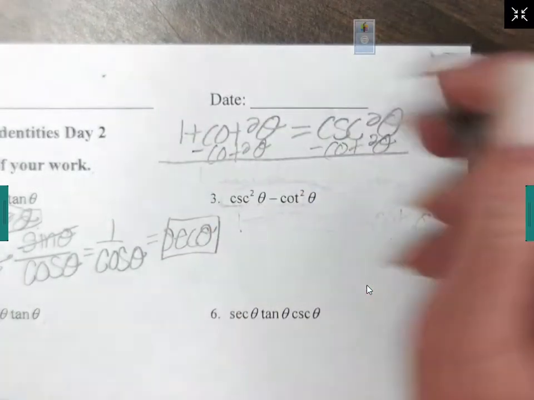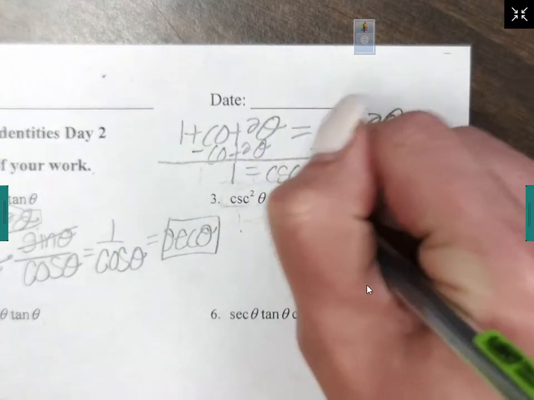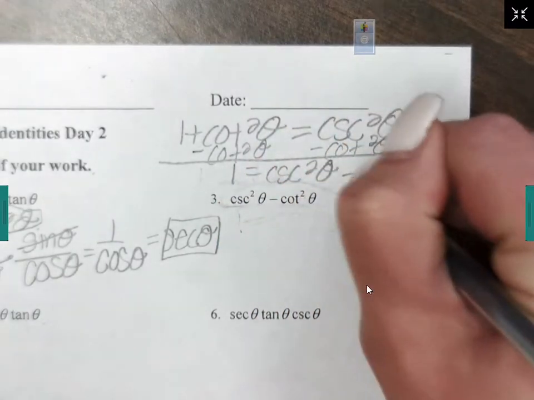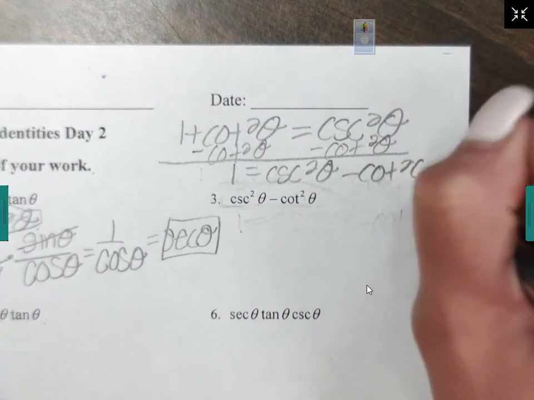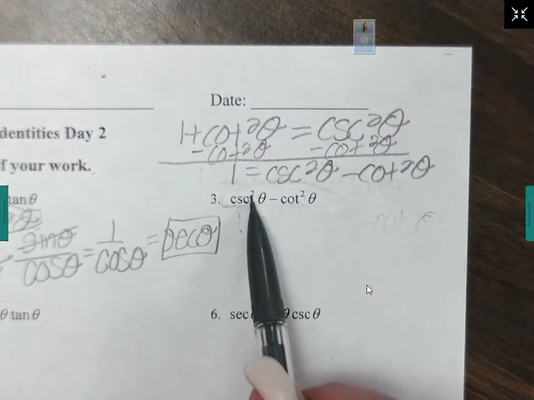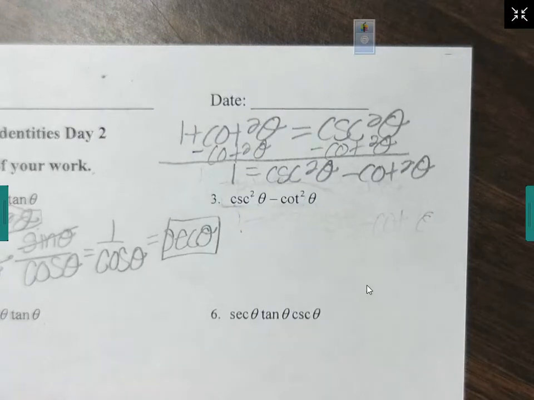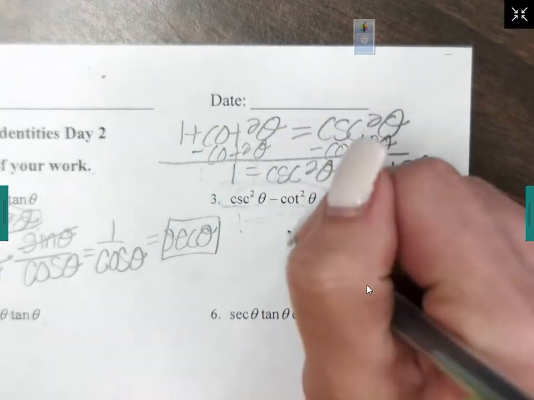And that left us with 1 is equal to cosecant squared of theta minus cotangent squared of theta. My question to you was, what is cosecant squared of theta minus cotangent squared of theta equal to? It's equal to 1. Thank you. It is equal to 1.